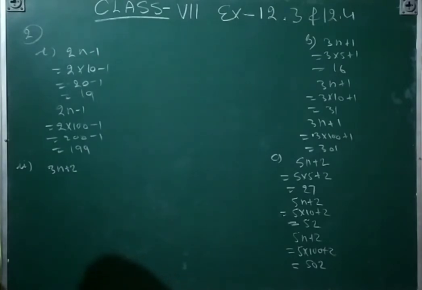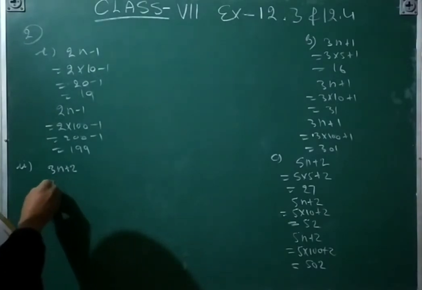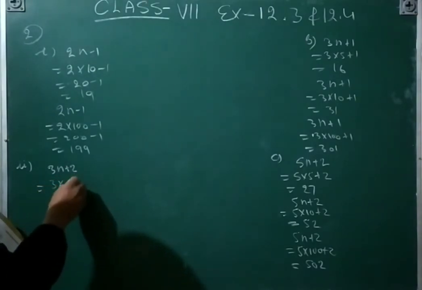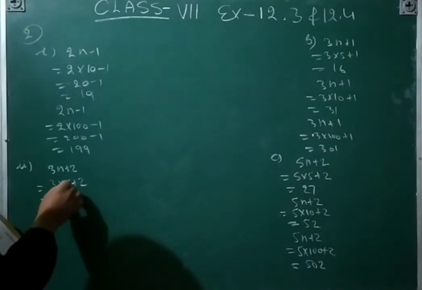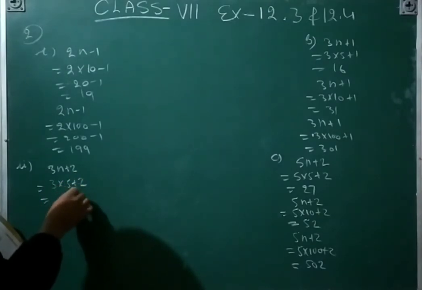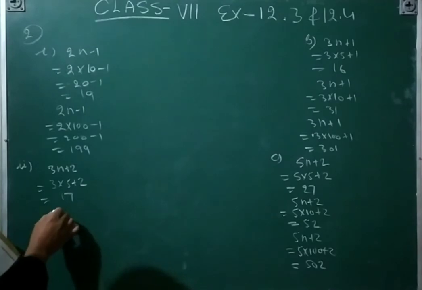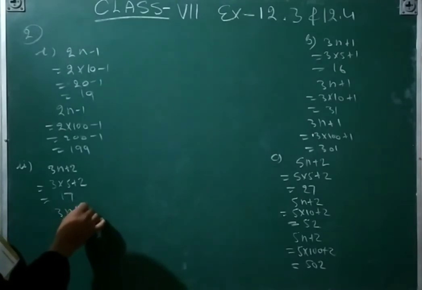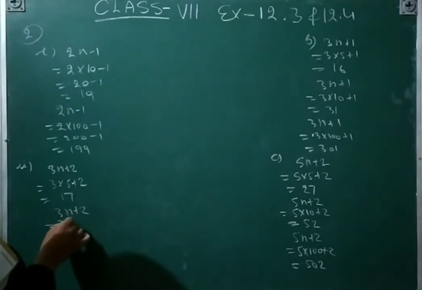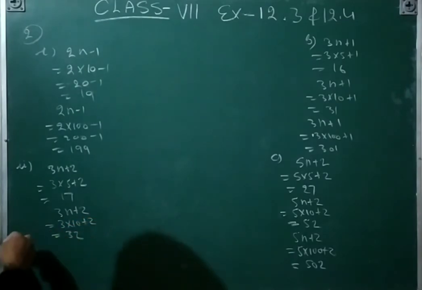And then the second question, 5th place, 10th place and 100th place. So 3 into 5 plus 2, that is 15 plus 2, 17. And then the 10th place, 3 into 10 plus 2 is equal to 32.